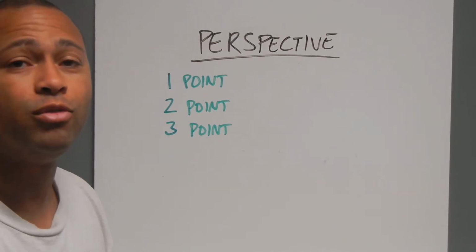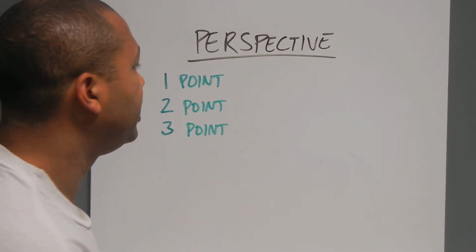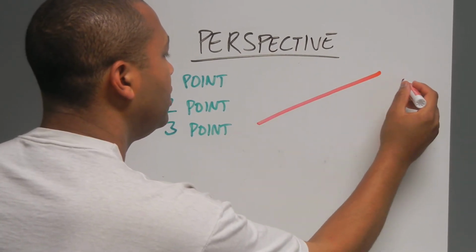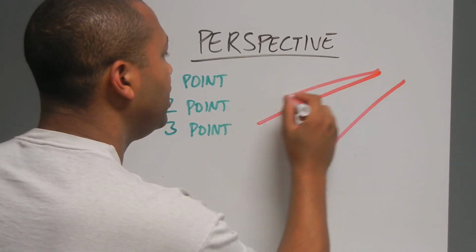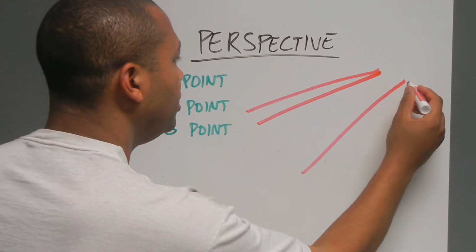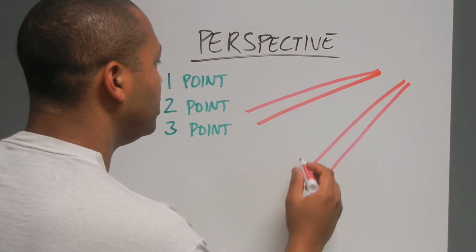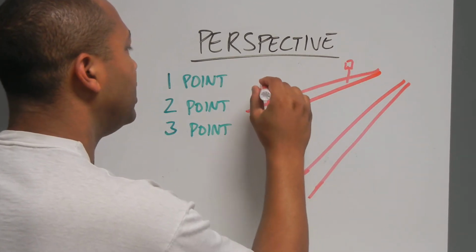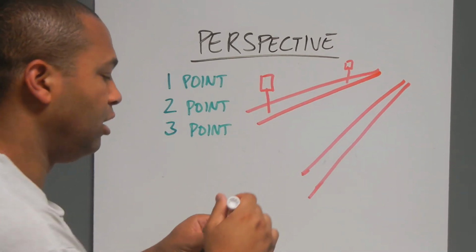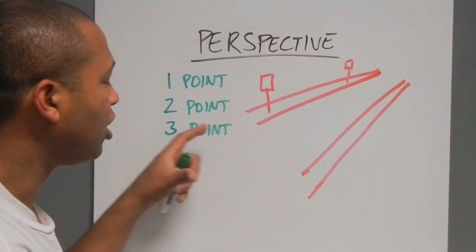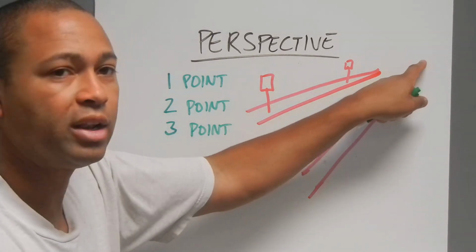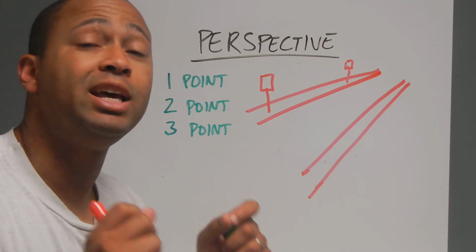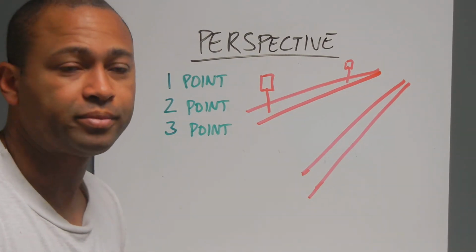An example of a 1 point would be, let's say you're driving down a highway and everything that you see getting closer and closer to you seems to be getting larger and larger, such as a highway sign here, maybe another highway sign here. It gets a little bit larger as you get closer to you. This is heading toward the vanishing point. And the vanishing point basically is where all objects tend to seem as if they're disappearing.